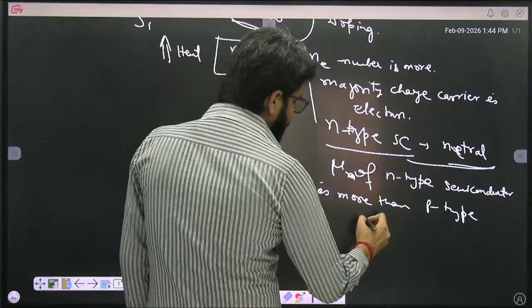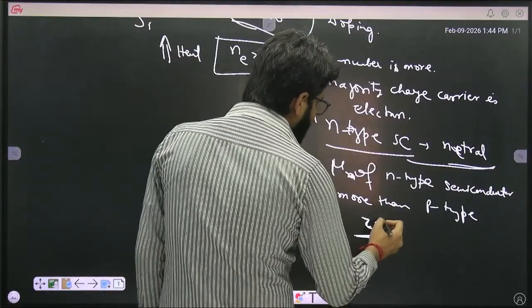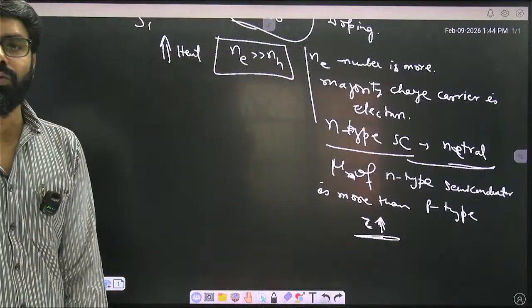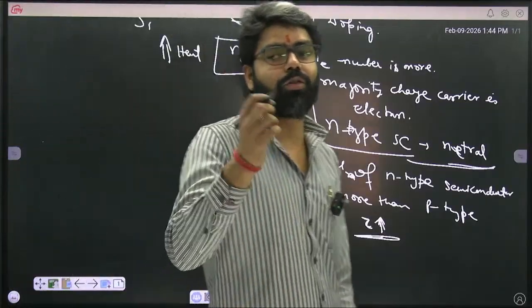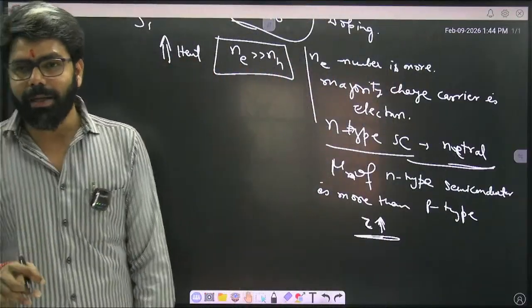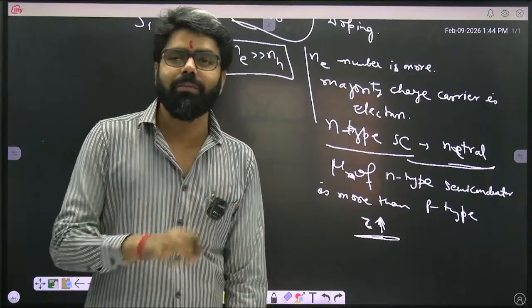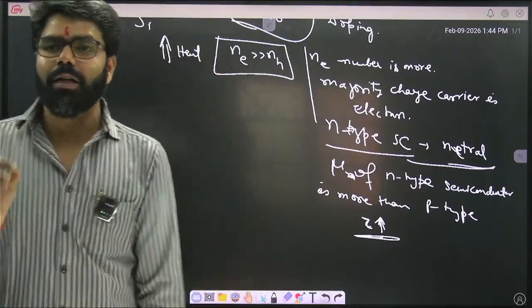Because the relaxation time is more for the n-type semiconductor. Relaxation time for the electron is more than for the holes. That's why the mobility of n-type semiconductor is more.